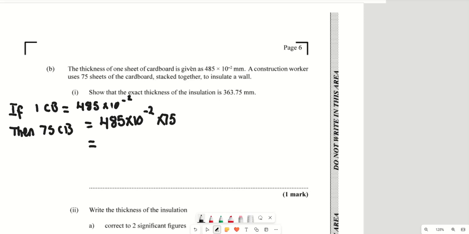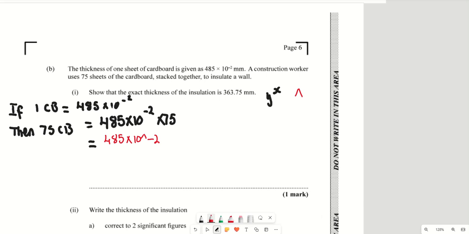And when you have this, we are going to put it in your calculator, 485 multiplied by 10, and you are going to see a button on your calculator called YX. Or it may have a button that looks like an upside down V. You press that and put negative 2.